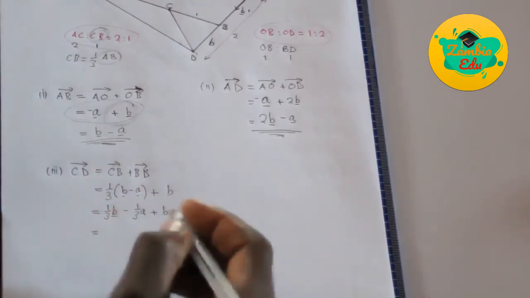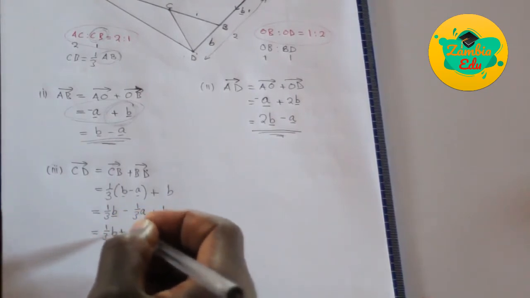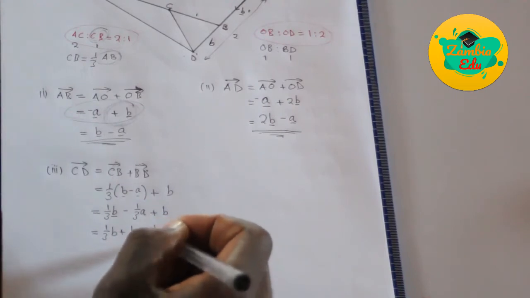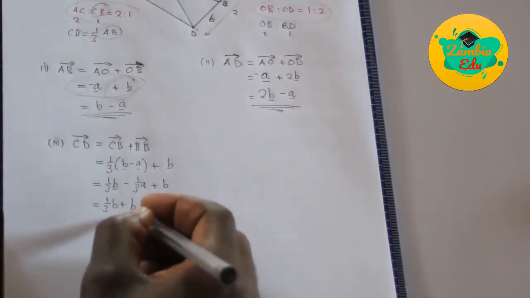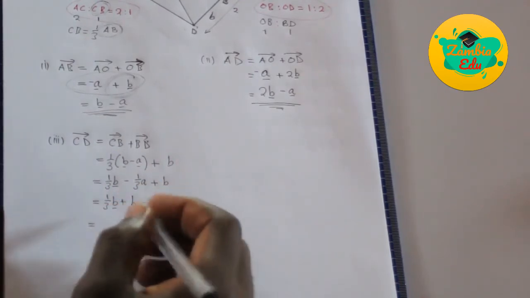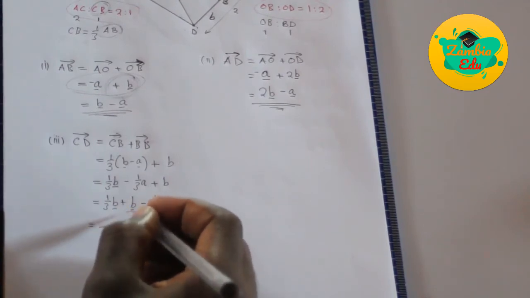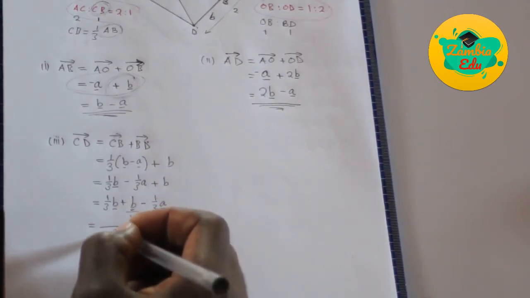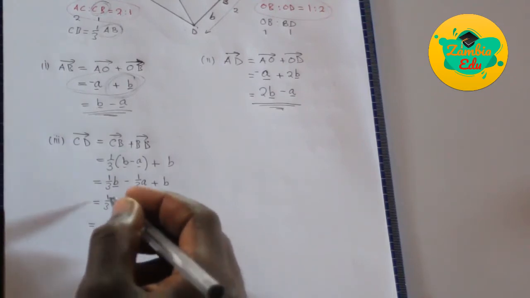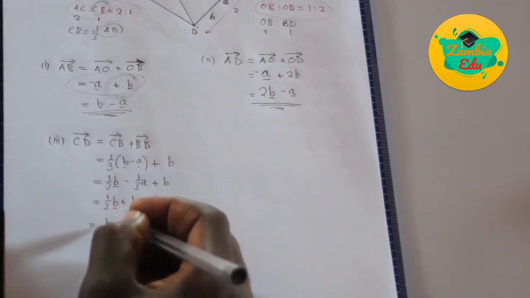Let's group the like terms. 1 over 3b plus b minus 1 over 3a. Let's do our calculations. Quickly, you can do a common denominator there. You can do that over 1, so that's going to be 3 as a common denominator. 3 into 3, 1 times 1b, you get b.